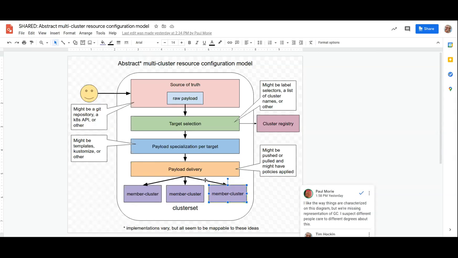Well, I think what you said is true, but more that it seems to be a dimension that characterizes part of the problem space. KubeFed 1 and 2 and the Karmada thing are really not about distributing packages.